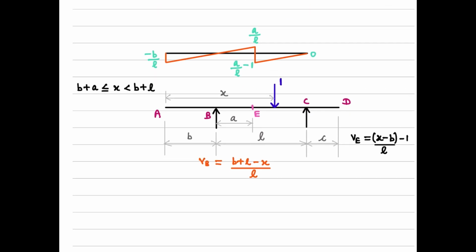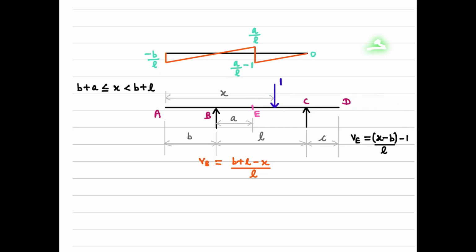Now I have this expression here, where the initial value is b plus a, so that's where it starts from. We substitute b plus a here, b plus a minus b minus L by L, so you get a by L minus 1.